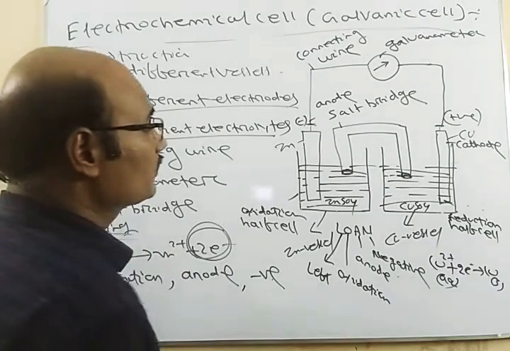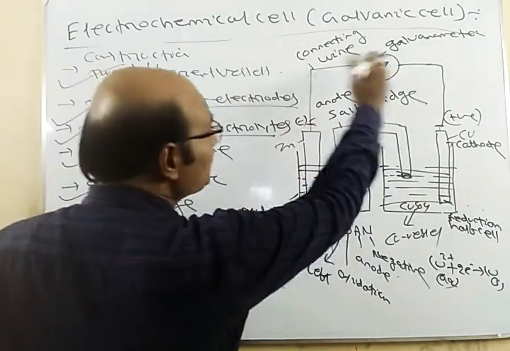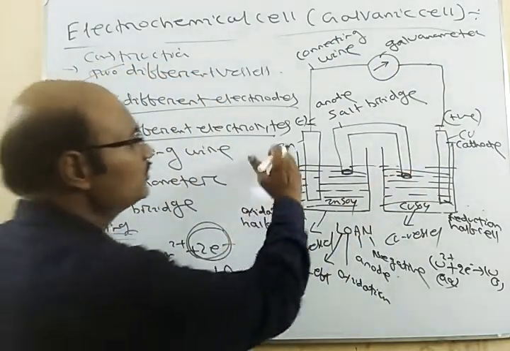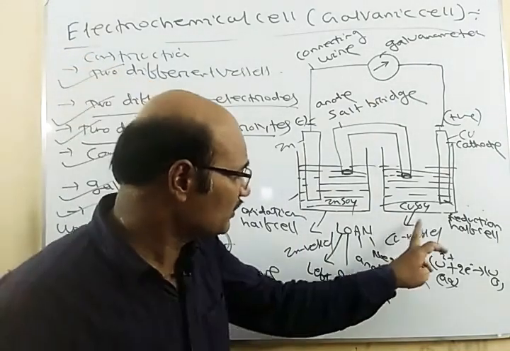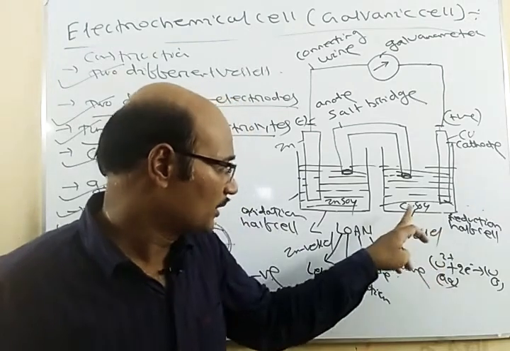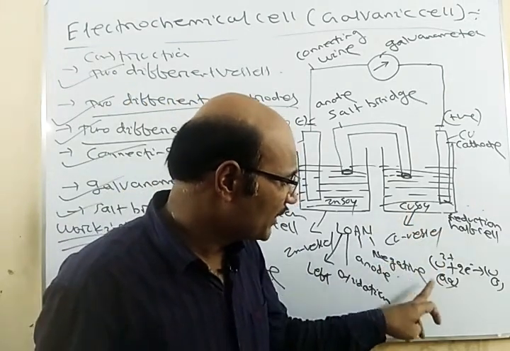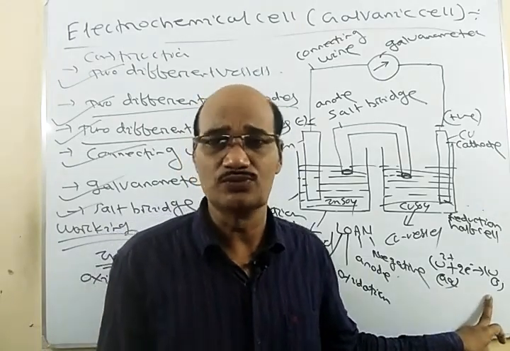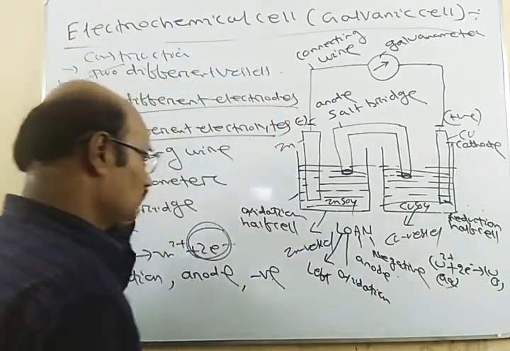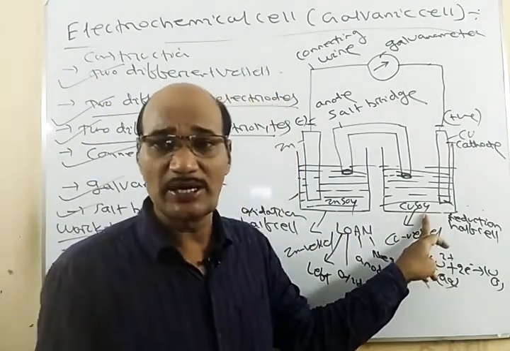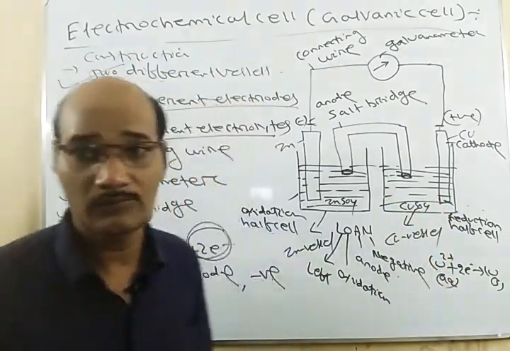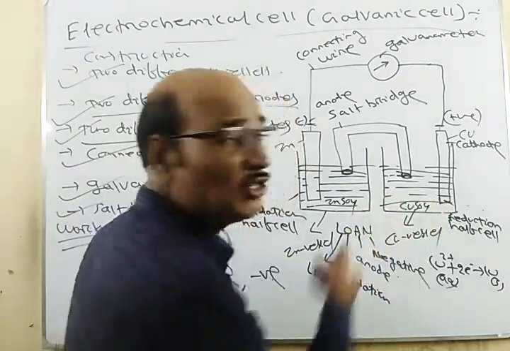Now when there is a flow of electrons from this side to this side, what happens here? Here we have CuSO4, so Cu2+ and SO4 2-. Cu2+ will receive electrons and get converted to Cu. Gradually there is an increase of SO4 2- ions, an increase of negative ions.